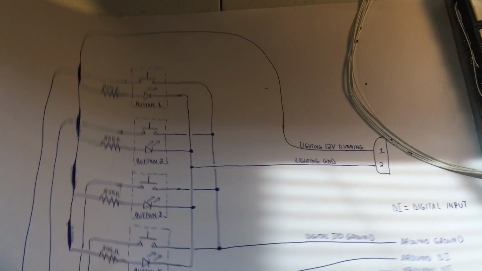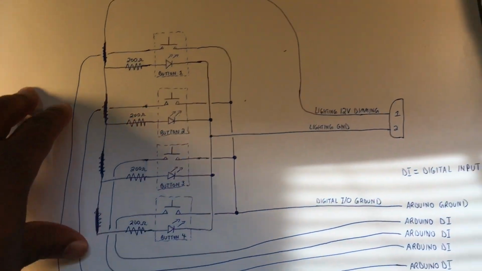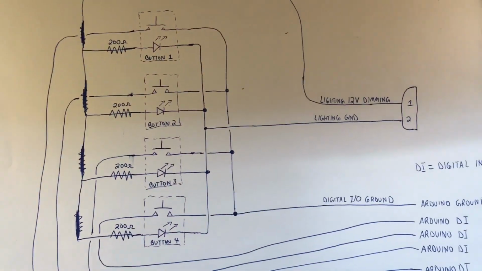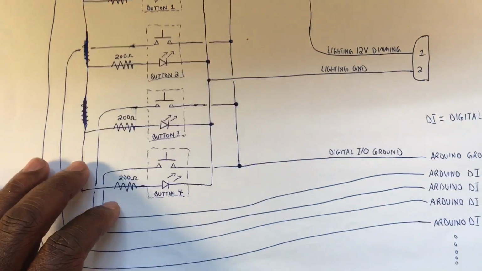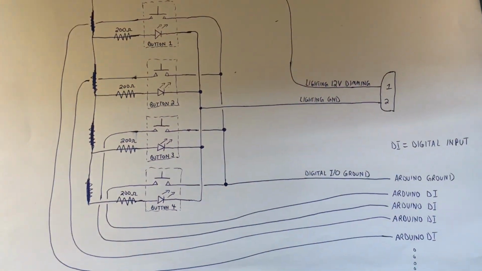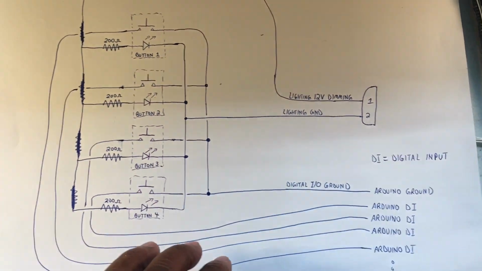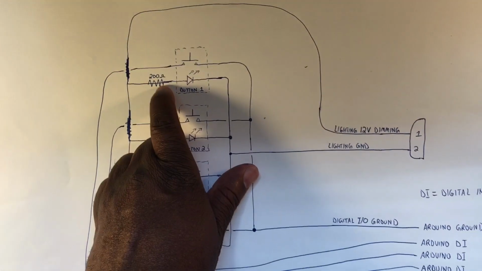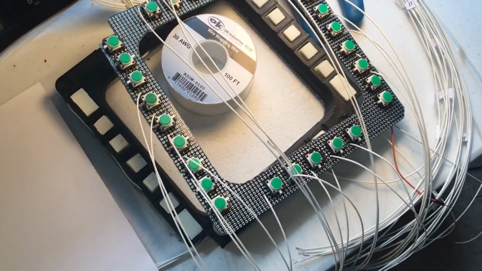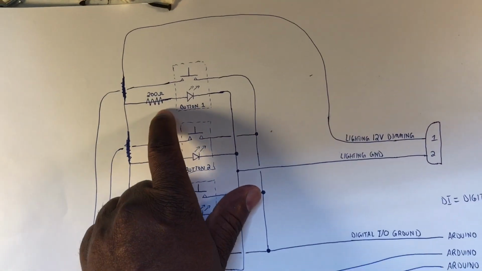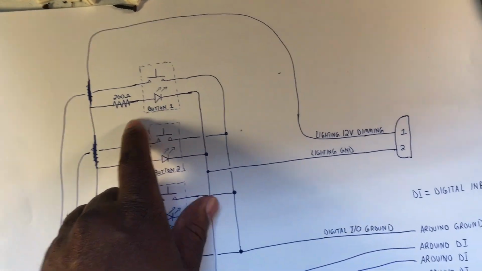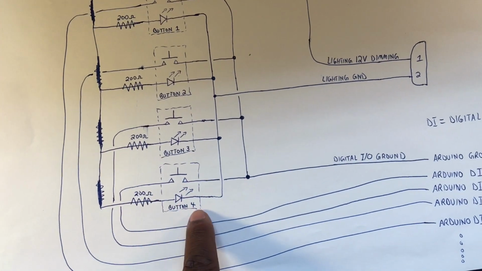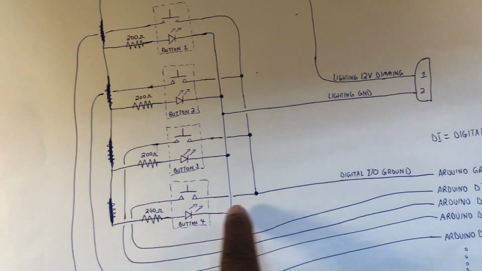This is only showing a concept, but of course you have well over 25 buttons per bezel. The thing to note here is that in this particular case, it'll vary depending on what lighted tactile push buttons you have, but we have a resistor on each of the lighted push buttons.